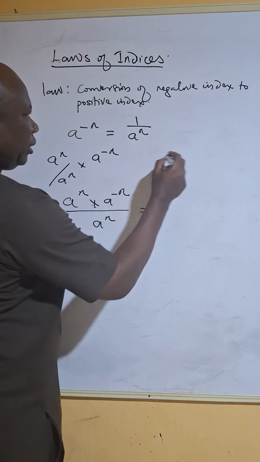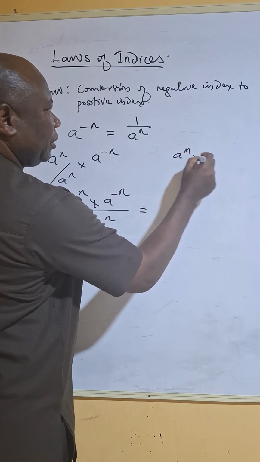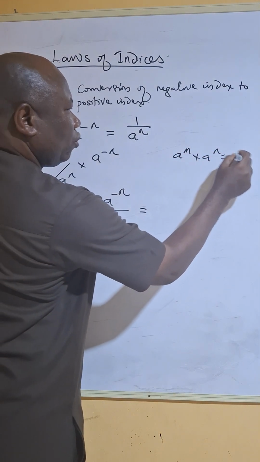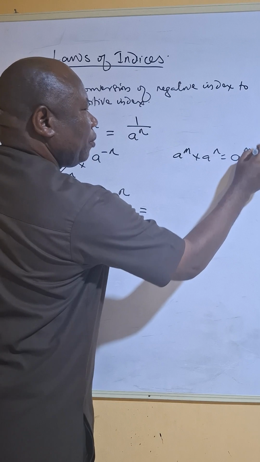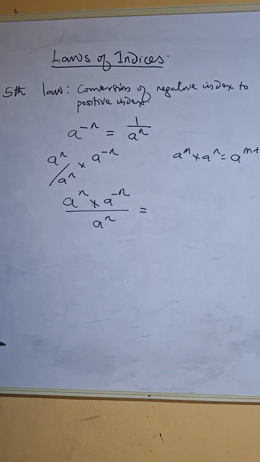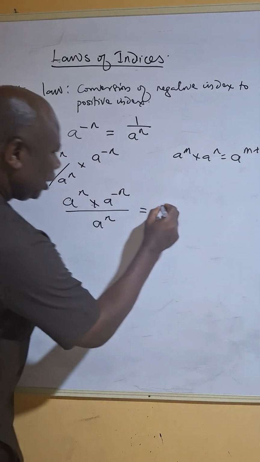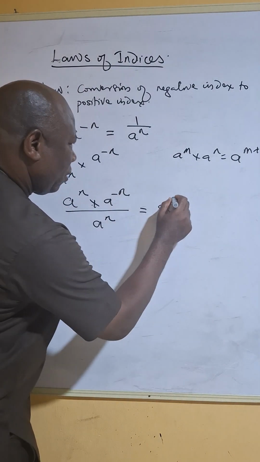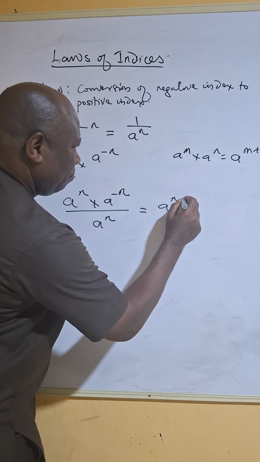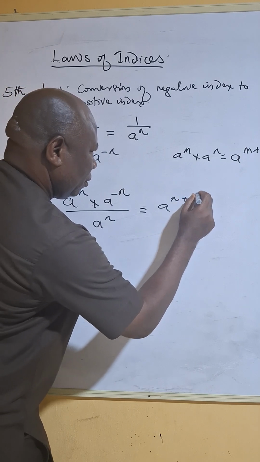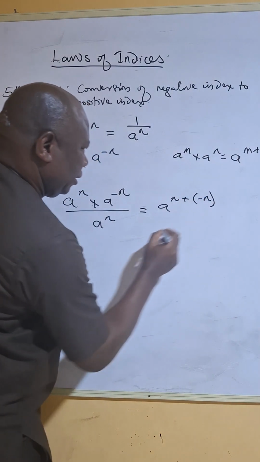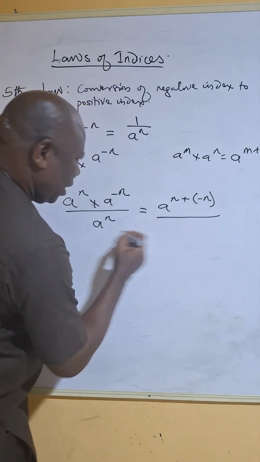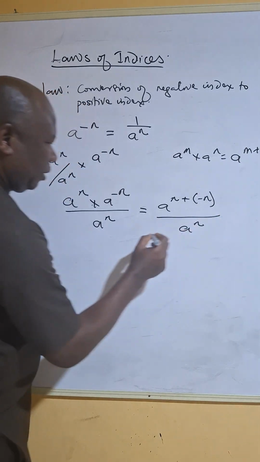So a raised to power m times a raised to power n is equal to a raised to power m plus n. So in this case, you have a raised to power n plus minus n, all over a raised to power n.